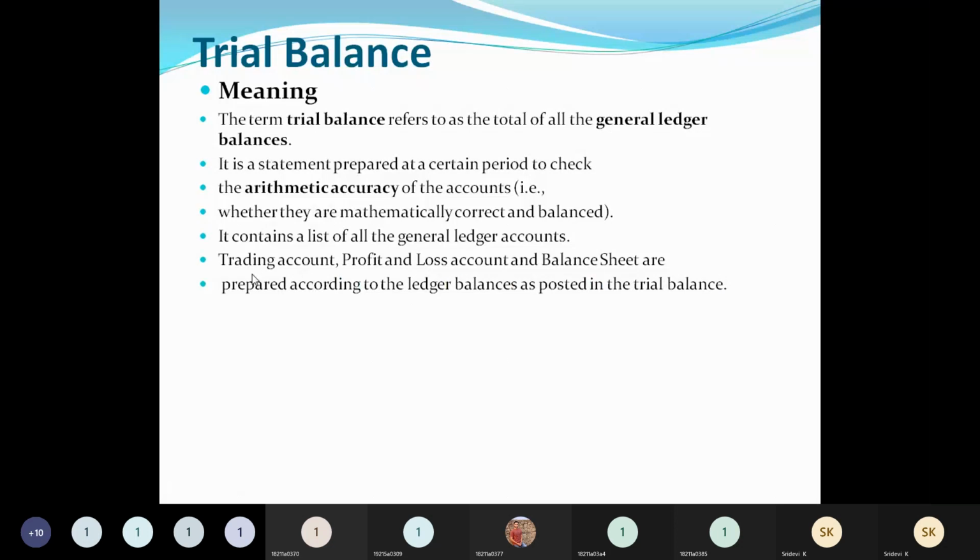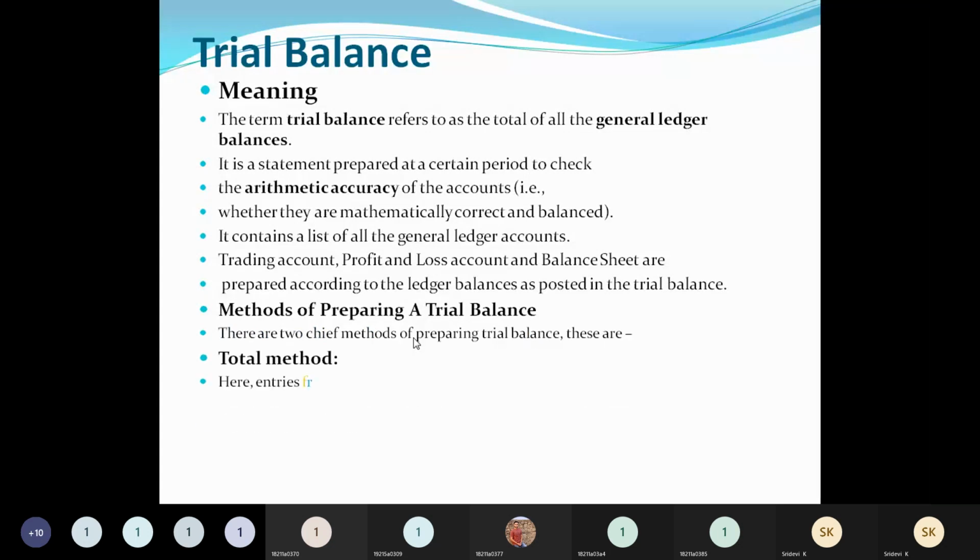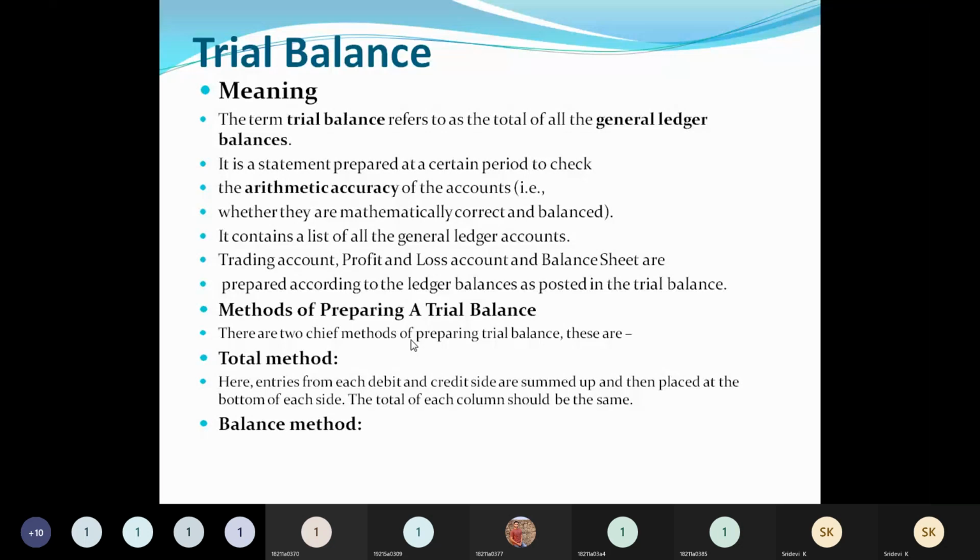Final accounts means the combination of trading account, profit and loss account, and balance sheet. So these are the two methods we have. One is the total method, and the second one is the balance method, as I have shown you by showing the example.